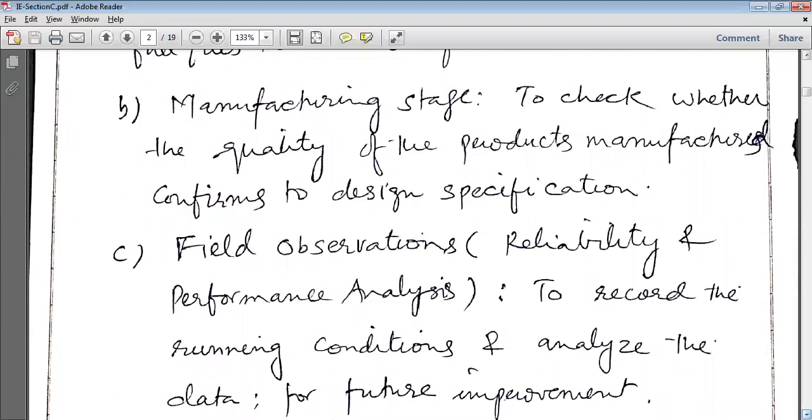So in that case, reliability is a very important factor. Similarly, the ceiling fan on our head rotates at a high speed. If any part fails, it comes directly onto our head, and we will suffer. So we have to take care of reliability, especially where we are exposed to these parts, fires, accidents, etc. So we have to cover field observations, reliability and performance analysis in products where human life is at stake.